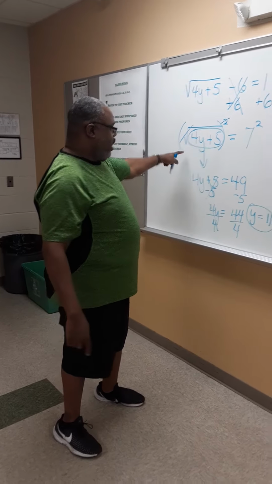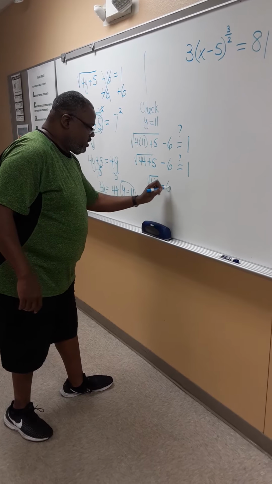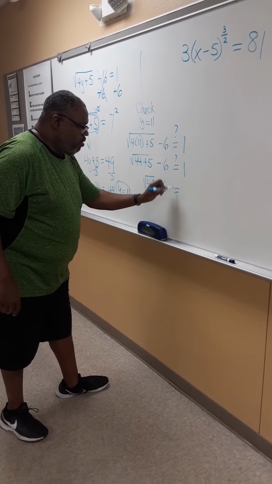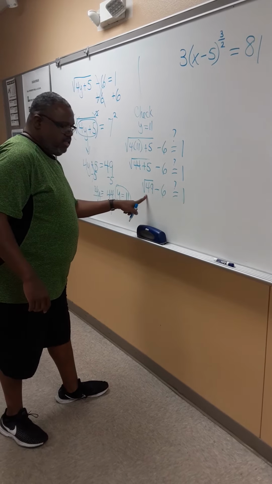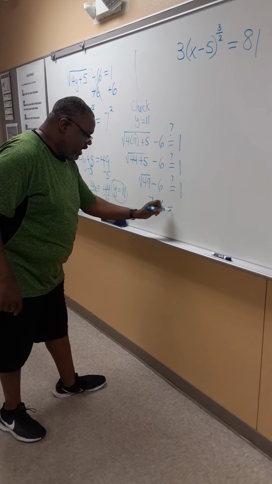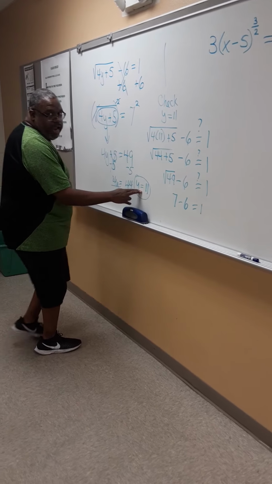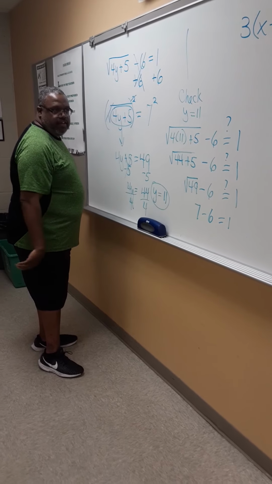So 44 plus 5, that's the square root of 49, minus 6. Does that equal 1? The square root of 49 is 7. 7 minus 6 equals 1. So because that's true, I can keep my y equals 11 as a solution.